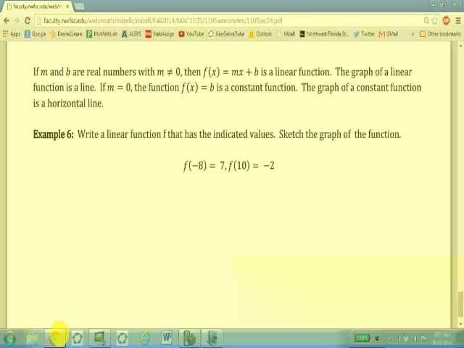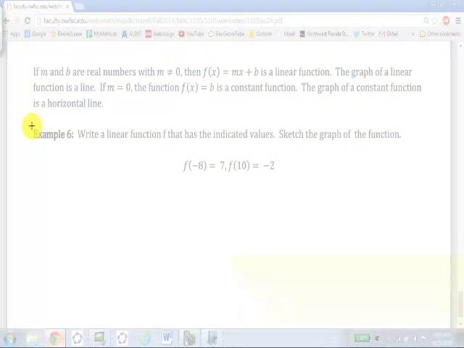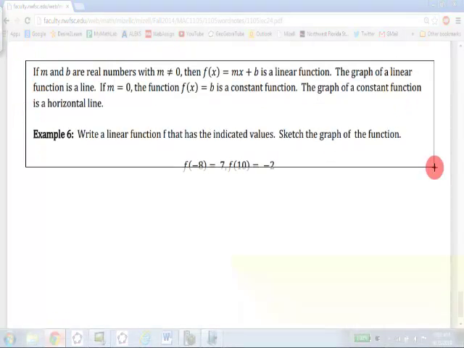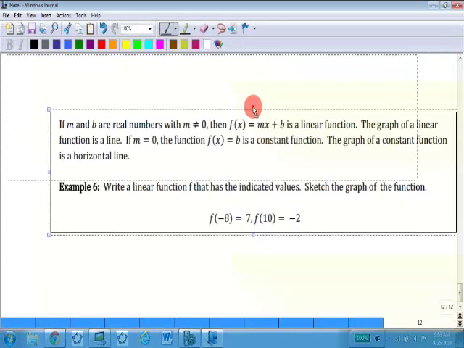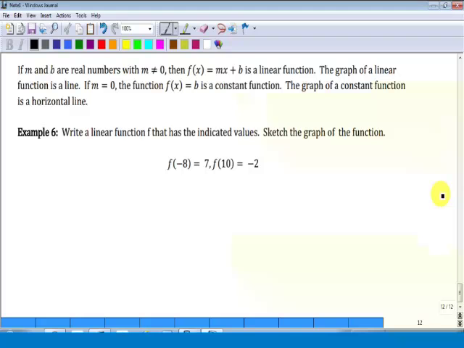So in this next example, if we want to write a linear function that has these two function values, we first need to realize the information that's being given to us. When we know two function values and the x coordinates that go with them, or the domain elements that go with them, it's actually telling us two points on the graph.